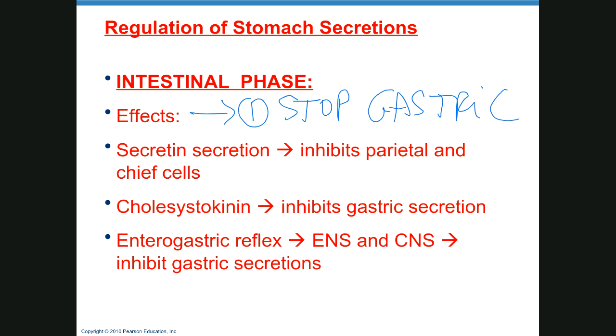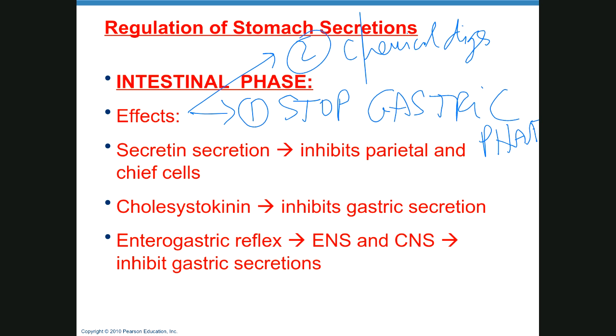The stomach has to be stopped, because if it continues working, it will continue to send its contents into the duodenum, and the duodenum is already full. So we need to stop the gastric phase. That's number 1. Number 2, start with chemical digestion. Start to secrete the chemicals that are going to be needed for digestion.